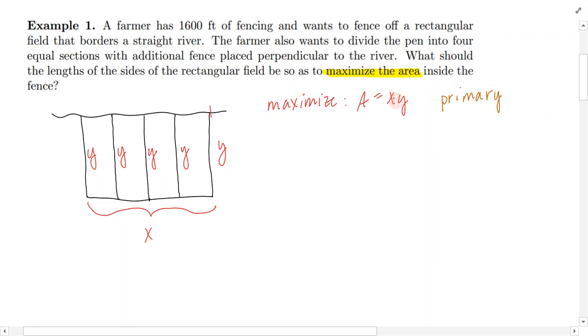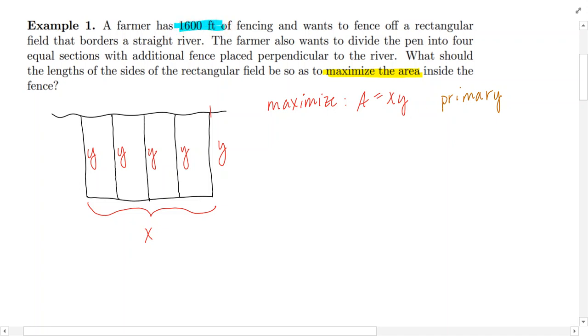And notice that I have 2 unknowns here in this primary equation. And so we need to come up with a secondary equation. Generally, if you have 2 unknowns, then you have to have 2 equations, the same number of equations as unknowns. So we've got to figure out another equation that's also going to have an X and a Y in it. If we turn back to the problem, it says that the farmer has 1,600 feet of fencing.